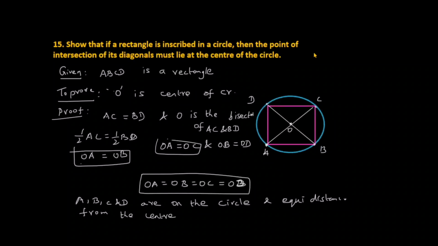That is, OA is equal to OB is equal to OC is equal to OD. That is the definition of the circle: the collection of points equidistant from the center is nothing but the circle. That distance is the radius. So OA is equal to OB is equal to OC is equal to OD is the radius of the circle. So O is the center of the circle. We can conclude here that O is the center of the circle.